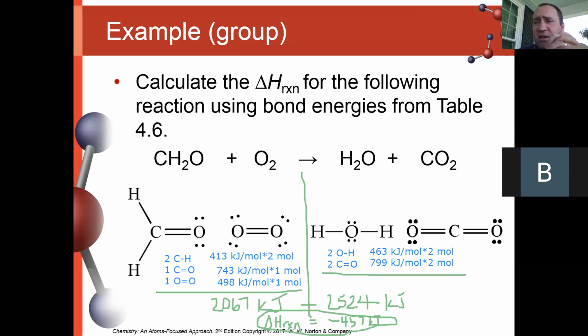Chapters 4, 5, and 6 cover molecules, molecular structures, shapes, bonding, and then what we'll start getting into in chapter 5 is the idea of molecular polarity, which we'll use to determine what causes molecules to stick together when we have a whole bunch of them in a substance, and that's what chapter 6 is all about.